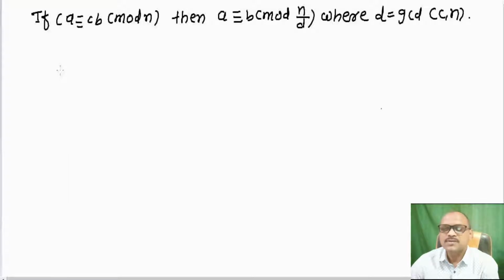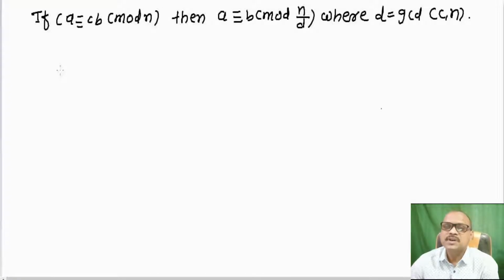If ca is congruent to cb, then a is congruent to b, but the modulus n is converted into n divided by d, and d is nothing but the GCD of the number c and n.